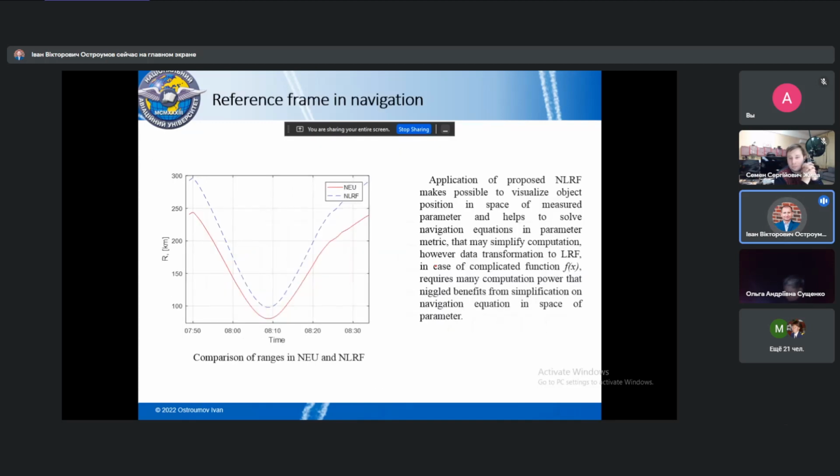And then we count just the difference between both of these reference frames. And here you can see a representation, like a simulation of distance measuring in different reference frames.